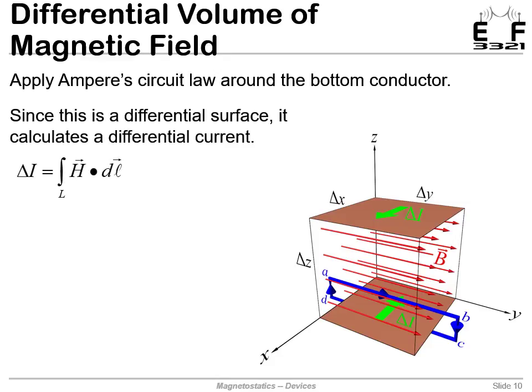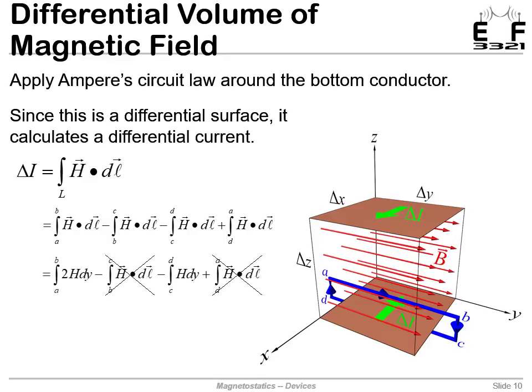Our general equation is the line integral of H dot dl, and we'll get a delta I because this is a differential box, if you will. We write that as four different line integrals, and we'll look at each one individually.